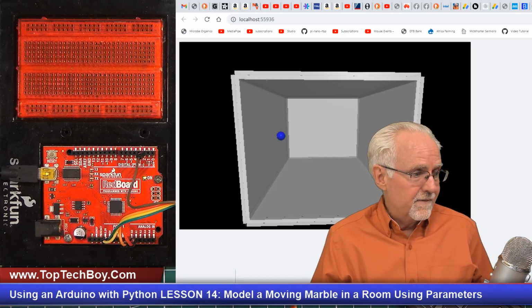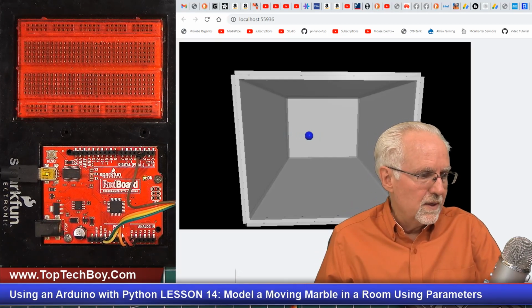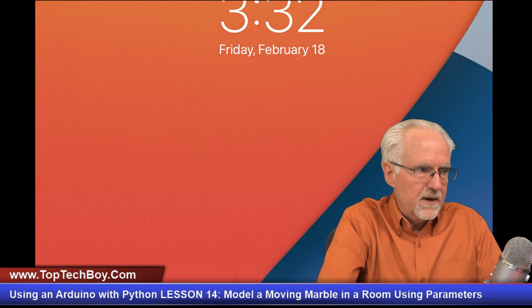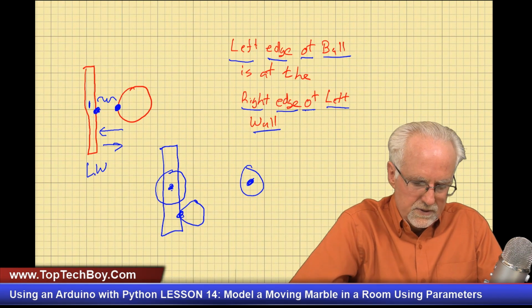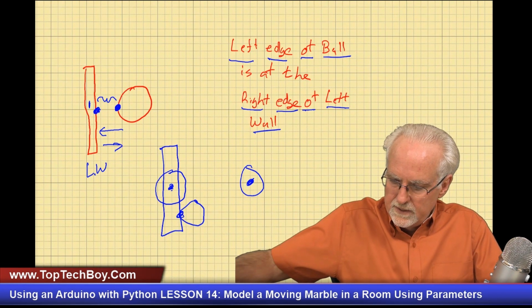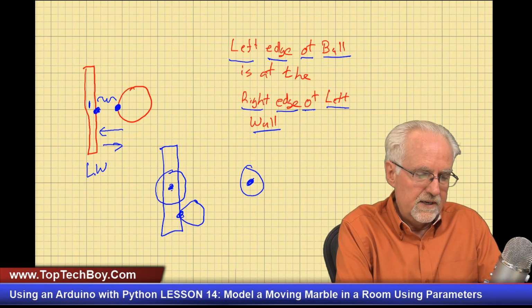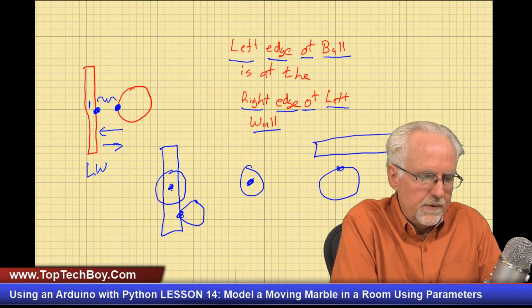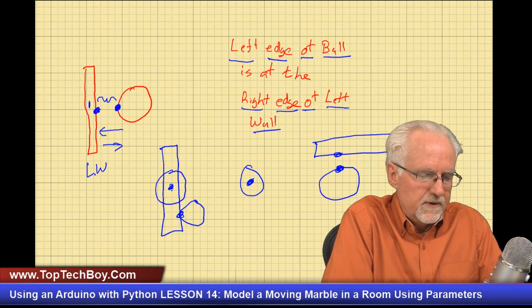But now you're going to have to come back to Sketchpad, and the secret here is that you get your parameters done in your picture. You get your parameters done in your picture, all right? And so, what are things that you're going to have to worry about now? You're going to have to worry about things like the top of the ball and comparing that to the bottom of the ceiling.